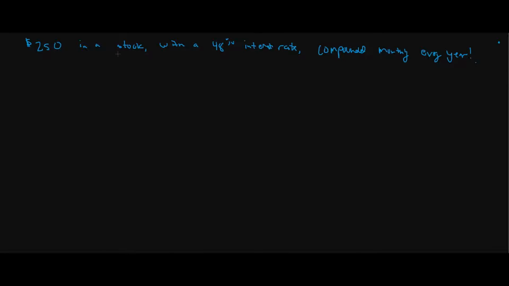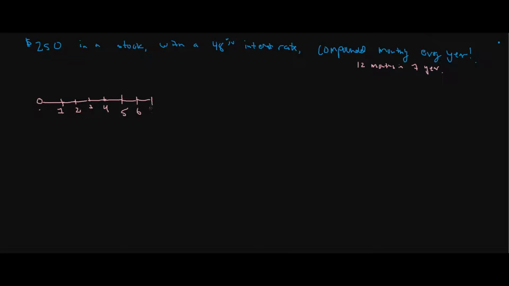So first thing we have to try to decipher is, what does it mean by compounded monthly? Well, ask yourself, how many months are in a year? There's 12 months in 1 year, so we're going to take that 1 year and break it up into sections. 1, 2, 3, 4, 5.